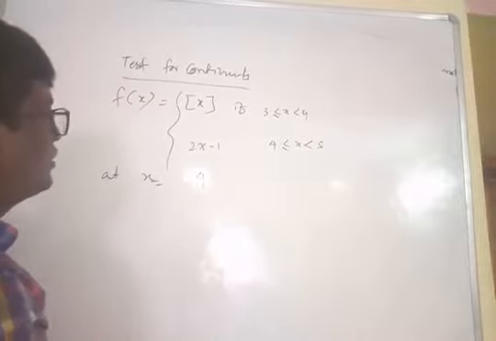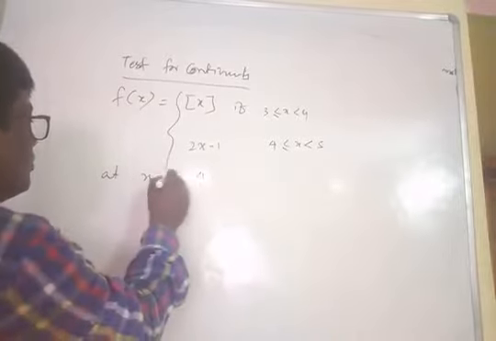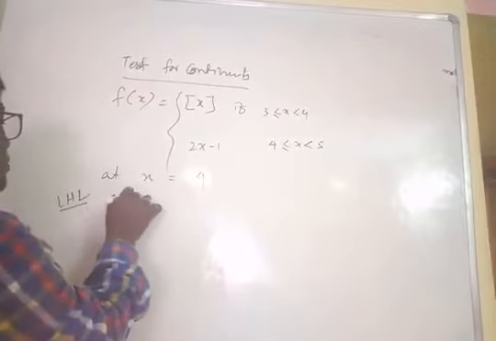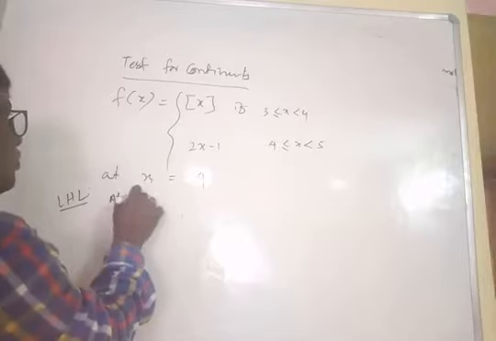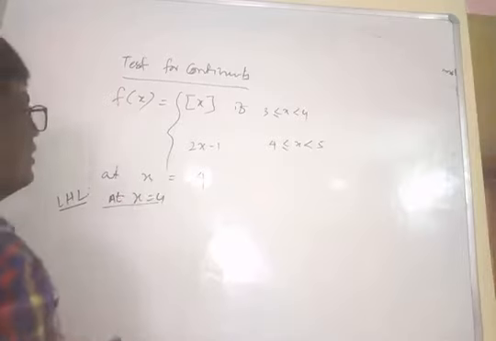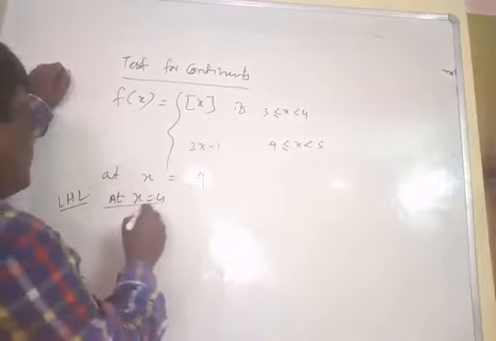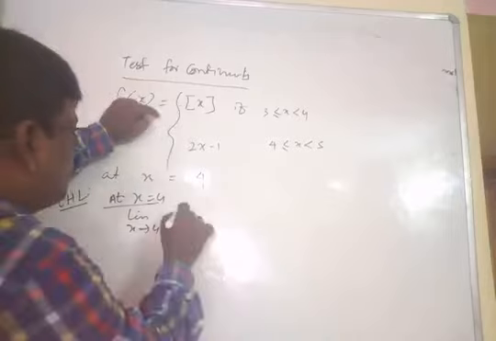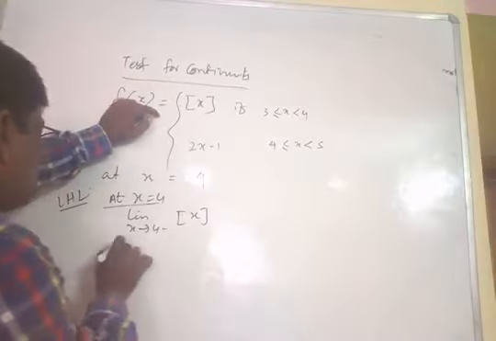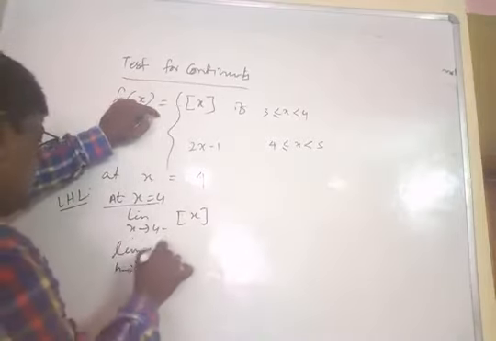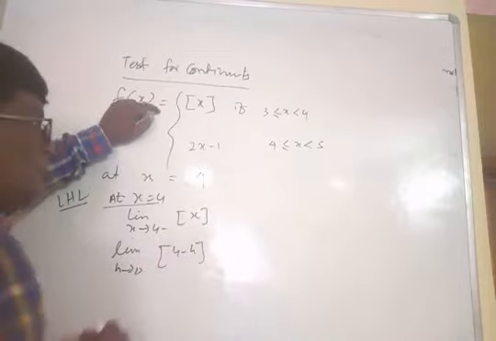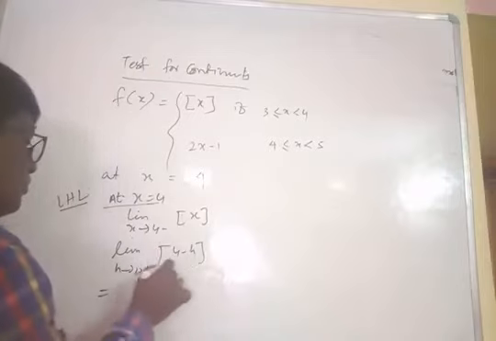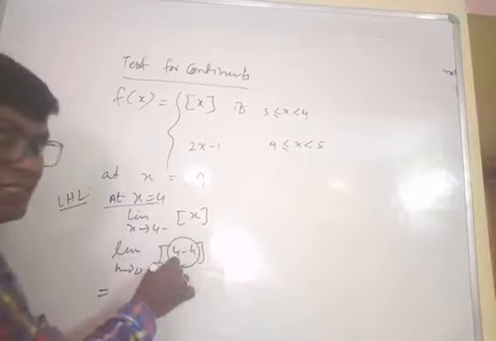Right. This is LHL at x is equal to 4. Limit x tends to 4 minus, less than 4, means bracketed x. This is equal to limit h tends to 0 bracketed 4 minus h. 4 minus h means 3 point something.